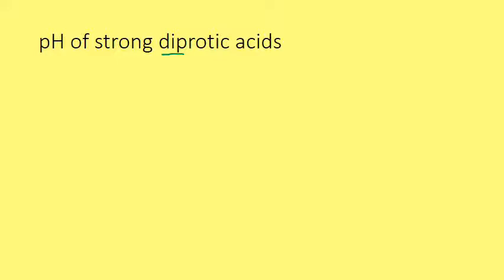So an example of a diprotic acid would be sulfuric acid, which you know is written as H2SO4, and when that dissociates in water, you're going to get 2 protons, and of course a sulfate ion as well. So you get 2 protons for every 1 molecule of sulfuric acid.